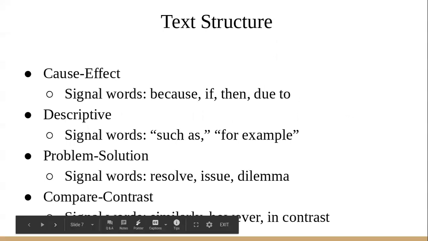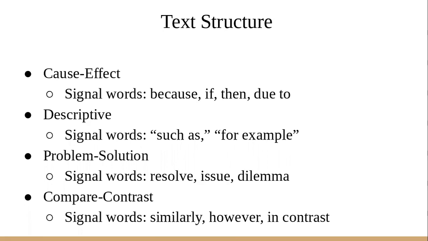Next, we'll go into text structure. So cause and effect, it's typically an analysis and looking at reasons and outcomes of a situation. So some signal words are because, if, then, due to. Descriptive, describing a person, place, or object to create a clear image for the reader. Some signal words are such as, for example.